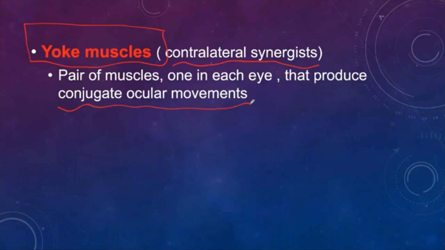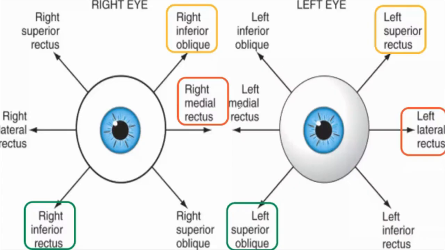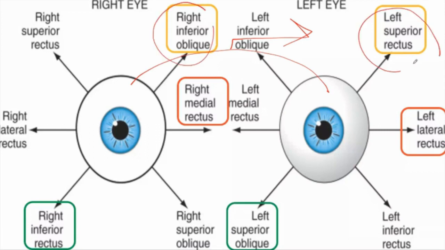When contracting together, they will produce the same movement. When the right medial rectus and the left lateral rectus contract, they will move both eyes to the left.